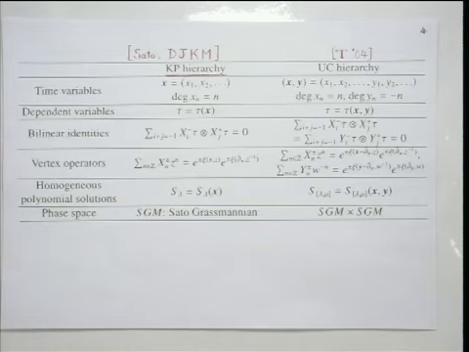And what is the equation? The system is defined by only this single bilinear relation here. And what are capital X_i minus and capital X_j plus? Here, we introduce the vertex operator, this one, as a generating function of this differential operator.